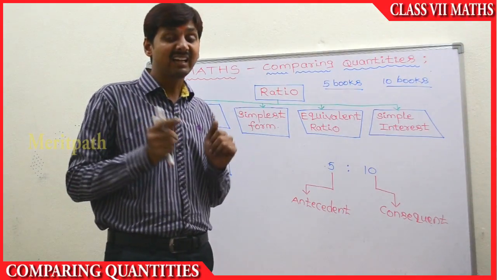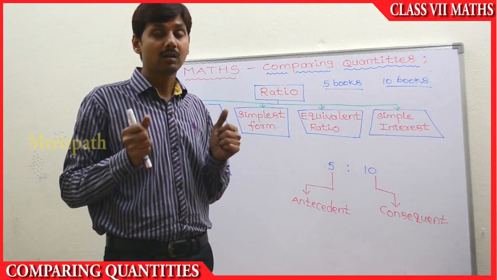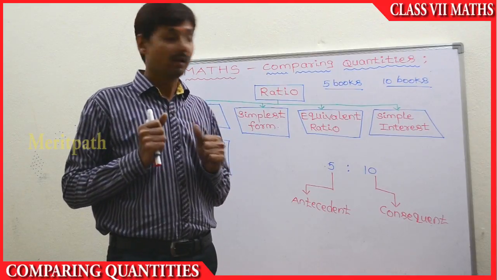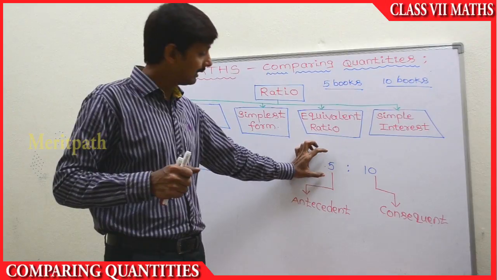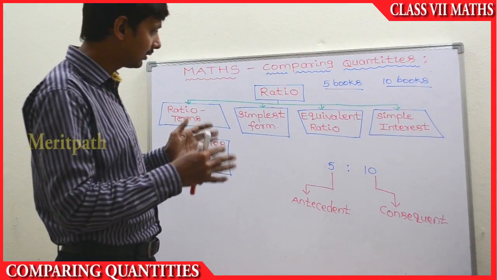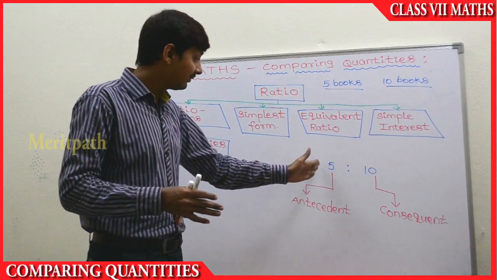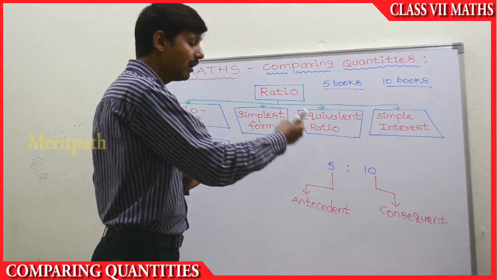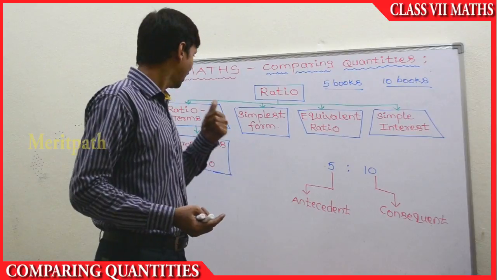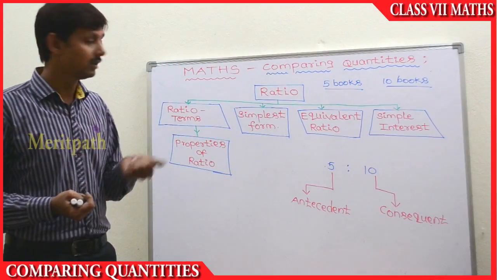Whenever we look at a ratio, the order is most important. The left hand side part is called the antecedent, and the right hand side part is called the consequent. These are the terms of the ratio.